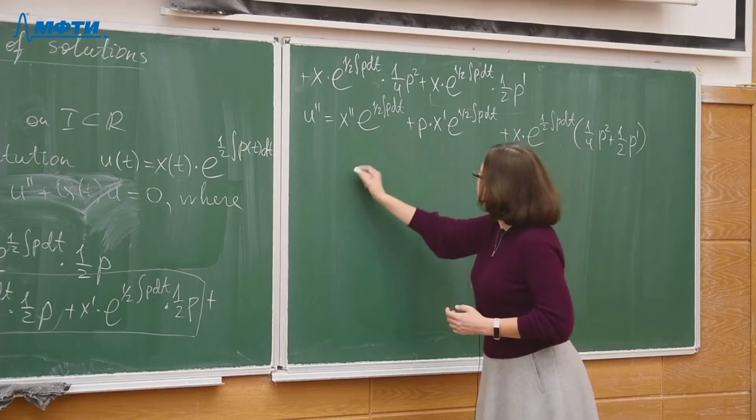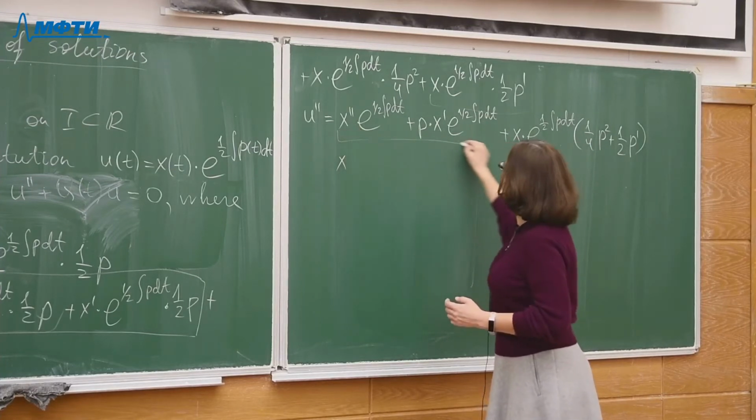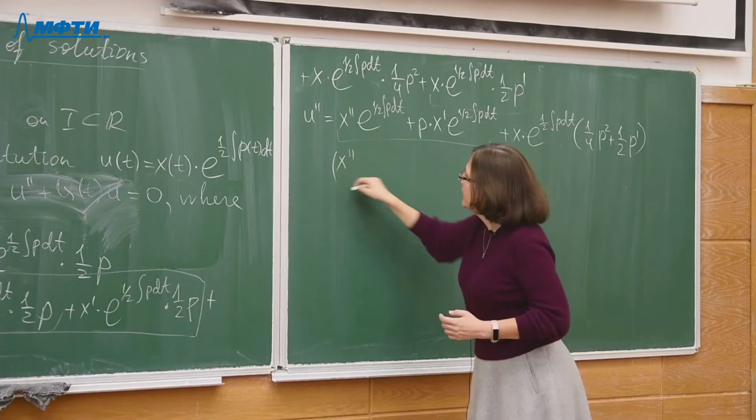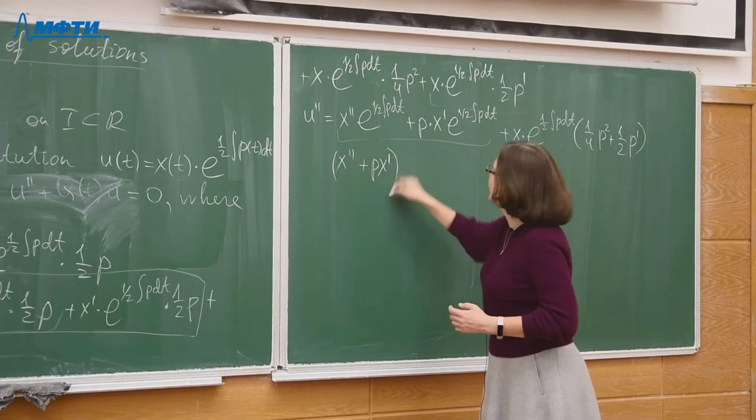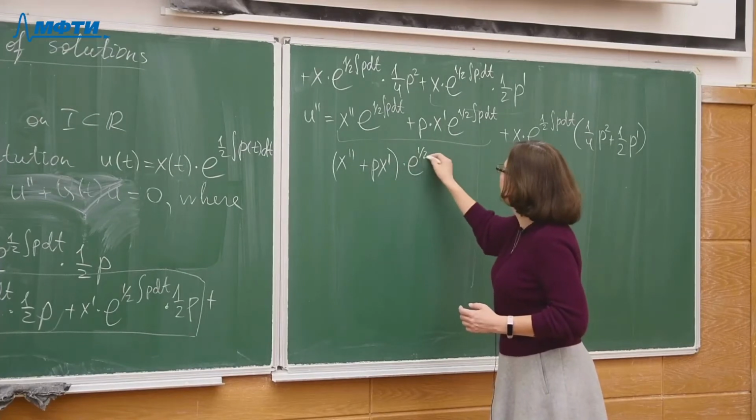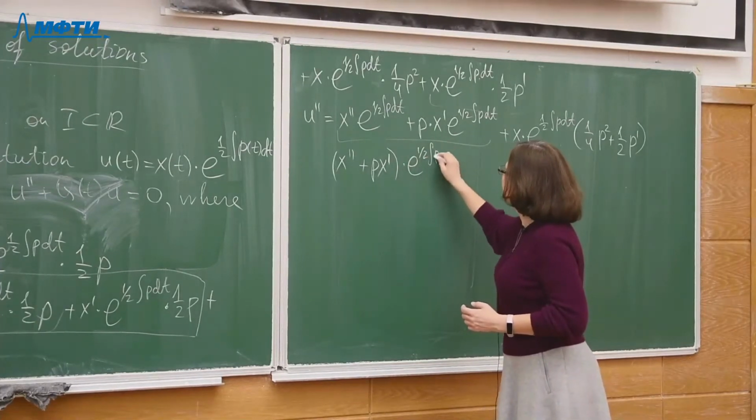We can see here that these two terms can be written as x double prime plus p x prime times e to the power 1/2 integral p dt.